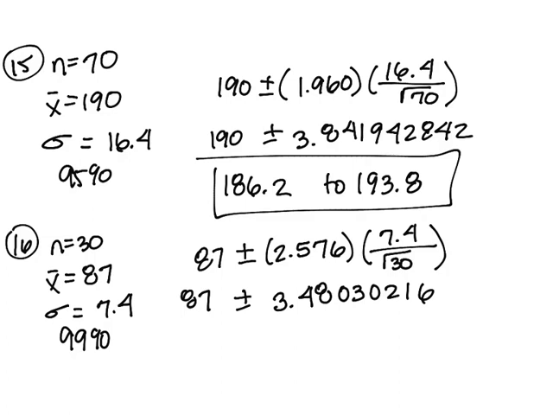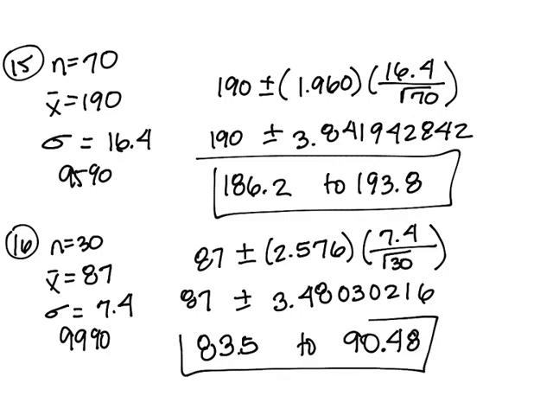And here they got 2 decimal places. You see that? So if you round it correctly, you should have 83.52 to 90.48. Y'all see that? Still okay?